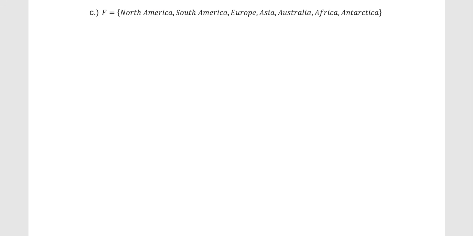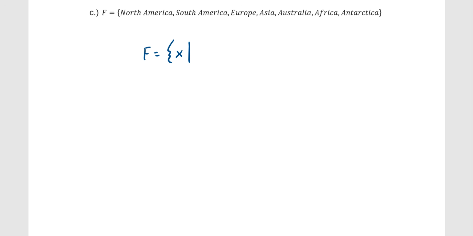Okay, and the last example for this one, we have set F, and the elements are North America, South America, Europe, Asia, Australia, Africa, and Antarctica. So in set builder notation, set F is going to be the set of all x's, all elements x, such that, and then we have to think, what do these elements represent?